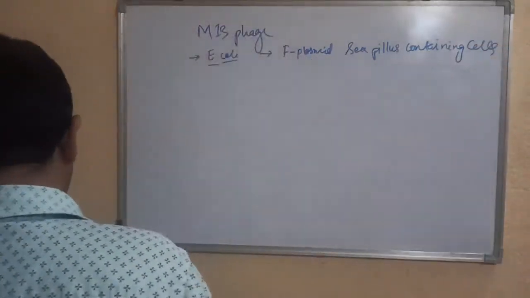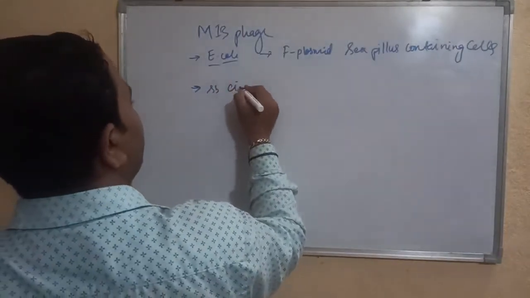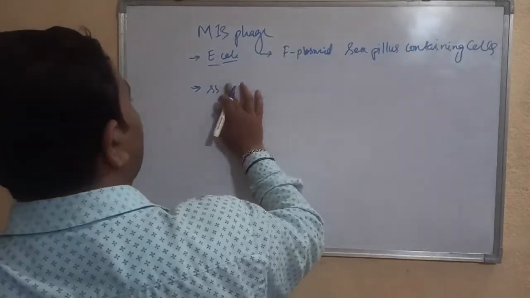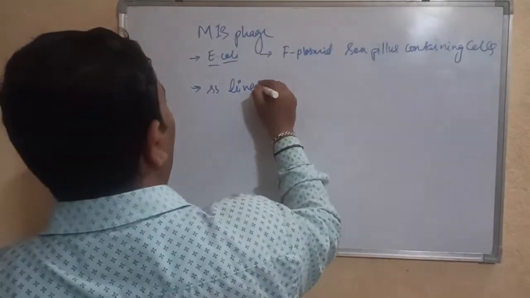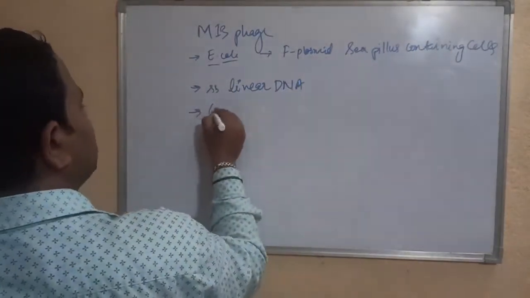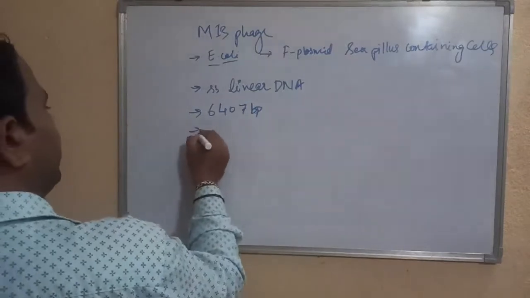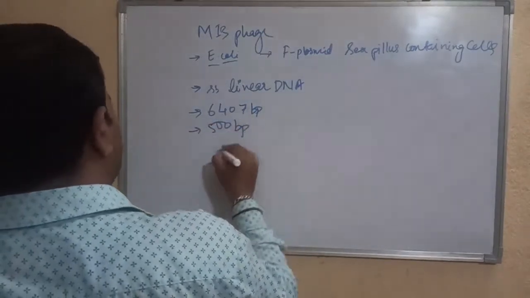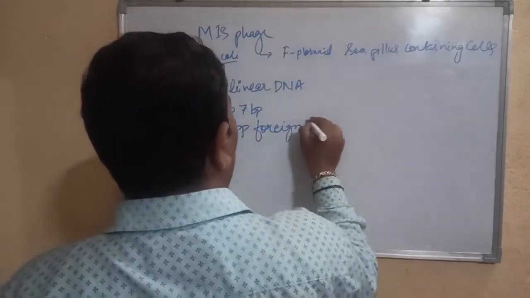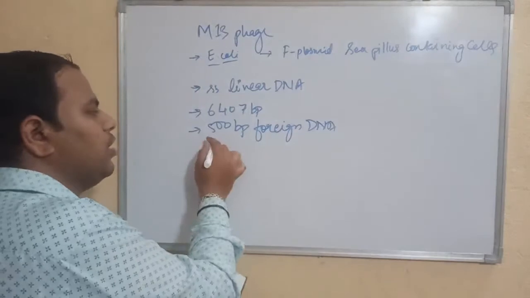Okay, so what is the genome here? It is single stranded circular DNA. The size of the genome is around 6,407 base pairs, out of which we can clone around 500 base pairs of foreign DNA. So compared with the lambda phage, the foreign DNA that can be cloned here is around 500 base pairs.